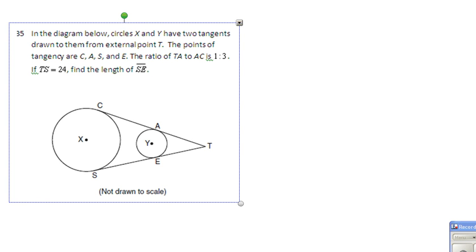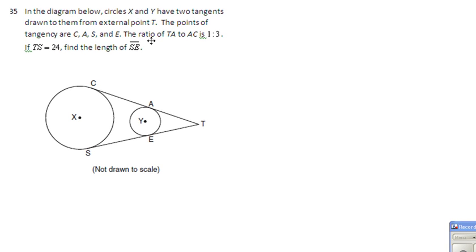Alright, the next question here. In fact, we see two pairs of tangent line segments. So you see TA would be equal to TE, because from a point outside of the circle, two tangent lines are always equal in length.